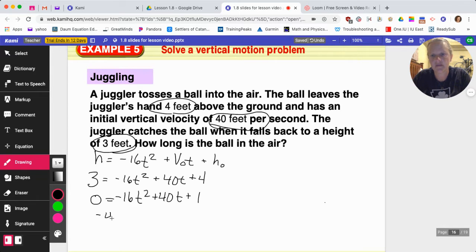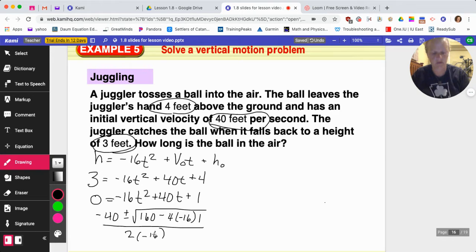So negative b plus or minus square root of b squared minus 4 times a times c, over 2a. Make sure I'm right. Yep.